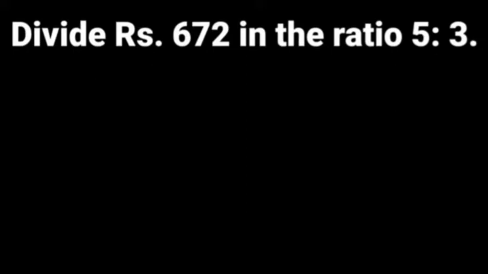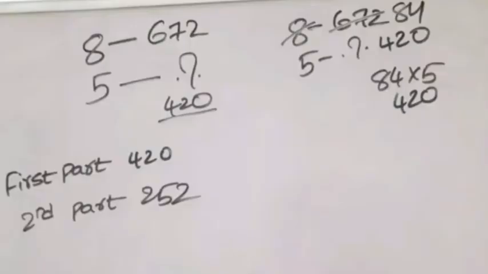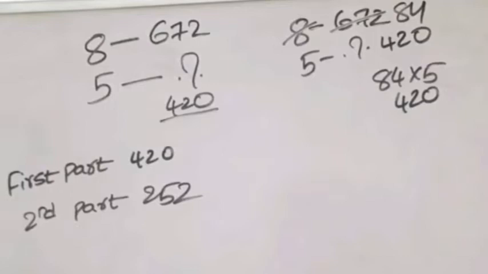Divide rupees 672 in the ratio 5 is to 3. If we have to divide 672 in the ratio 5 is to 3, we can divide it into 8 parts, which is 672. He is asking how much is 5 and how much is 3 individually. So let's see the solution. 8 parts is 672, and 5 parts is how much? I think we have seen calculations like this in percentages.